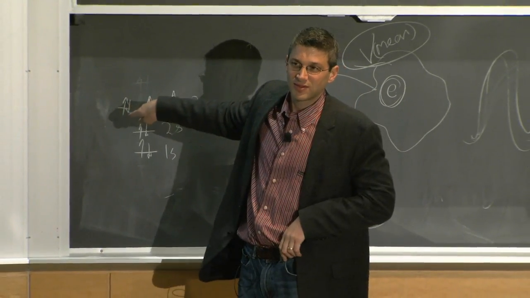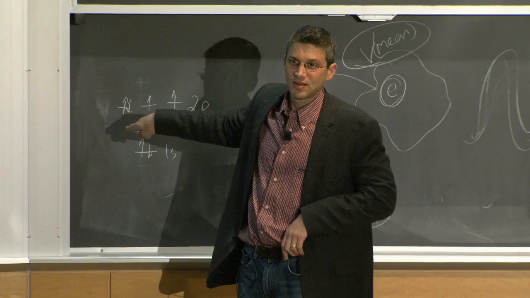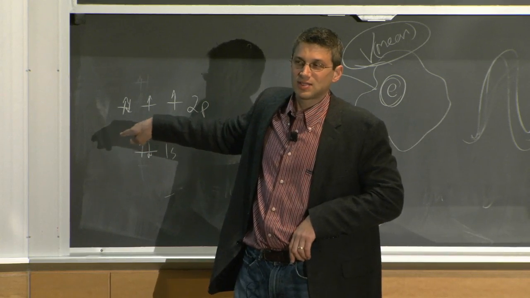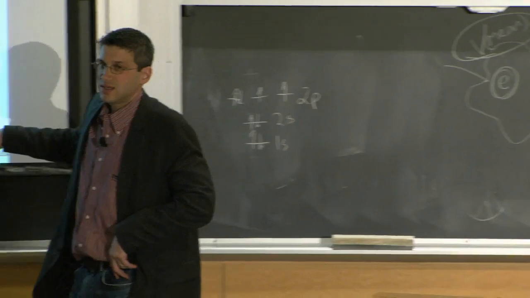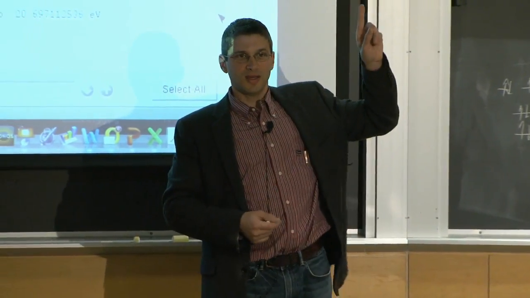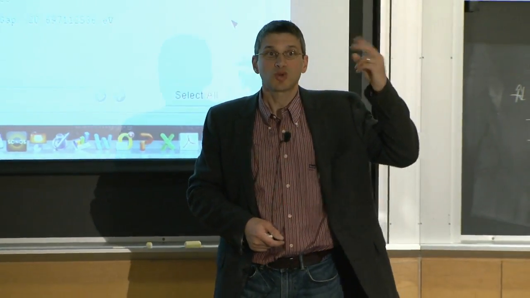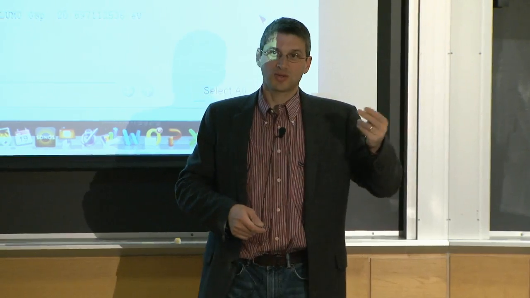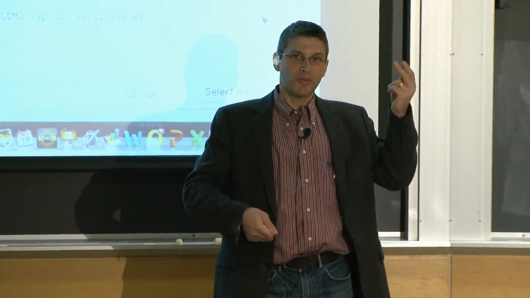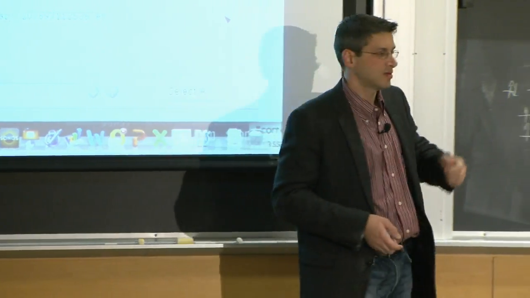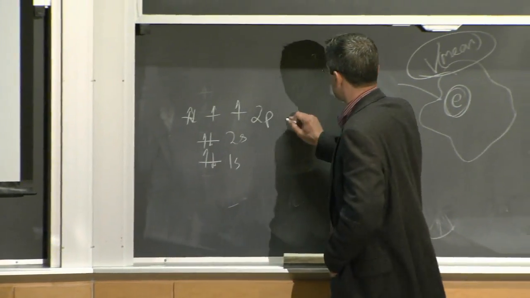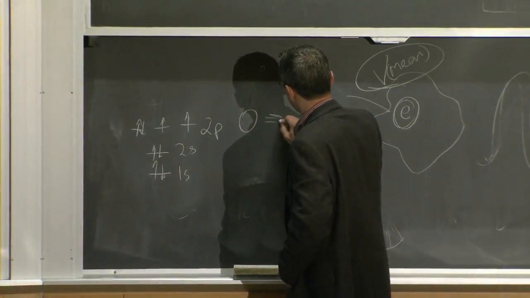Is that what I have for oxygen? Okay? So a doublet is when I have one more pointing up or down. And a triplet is when I have 2 extra electrons pointing up or down. Doesn't matter. Okay? So the oxygen atom is a triplet.